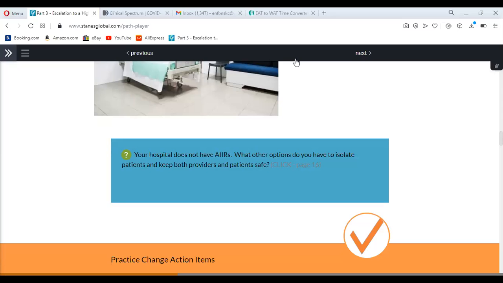We give them 40 seconds. You can type into the chat box. If you have an AIIR, but what other options do you have to keep the workers and the patients safe?